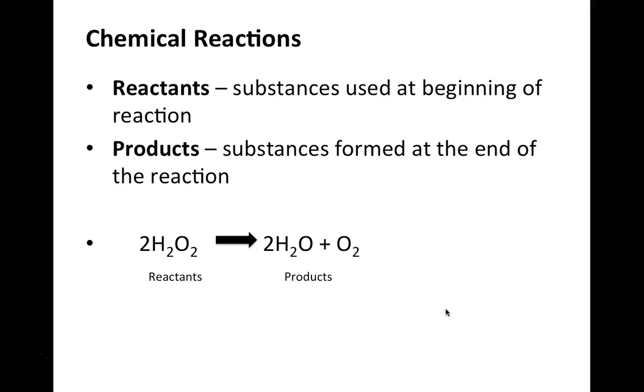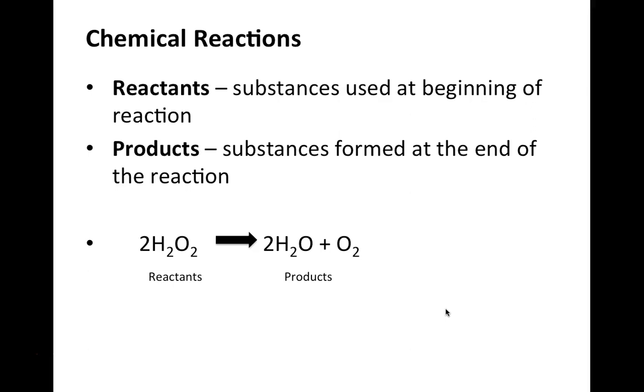For example, in this chemical equation, we have on the left-hand side of the arrow the reactants, which are 2 molecules of hydrogen peroxide. On the right-hand side, we have the products, which would be 2 molecules of water, H2O, plus oxygen.